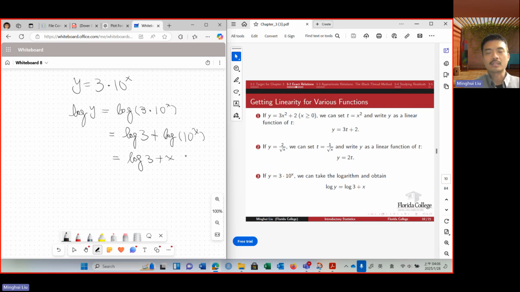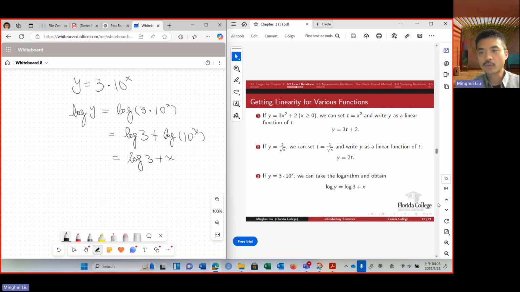Another way to think about this: we raise 10 to a certain power. What is this power to get 10 to the power of x? Of course, the answer is x. We raise 10 to the power of x to get 10 to the power of x. So the second term is precisely x.